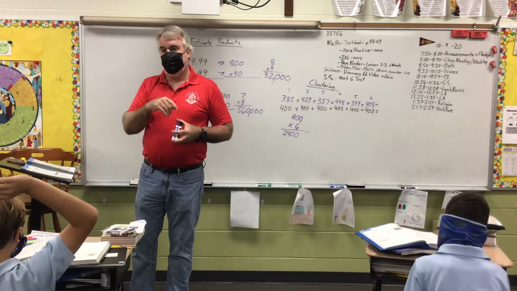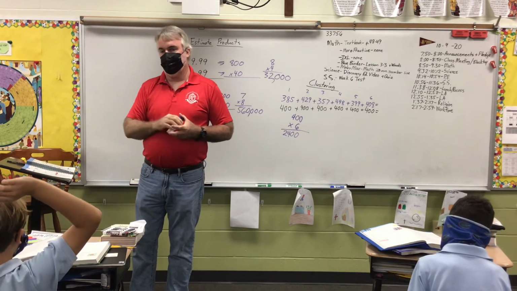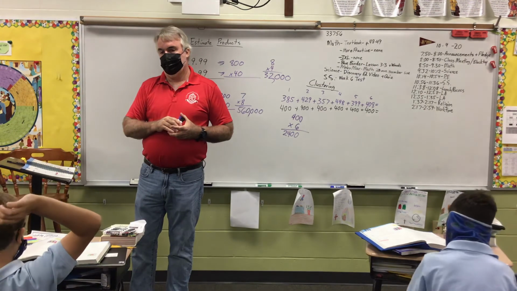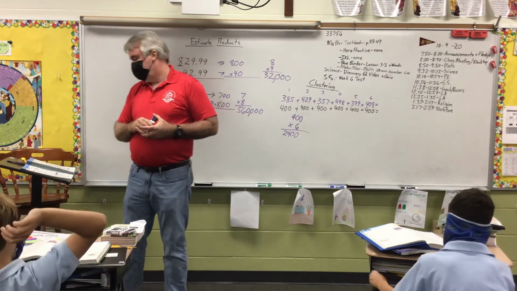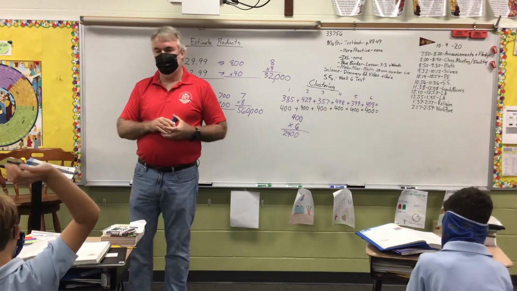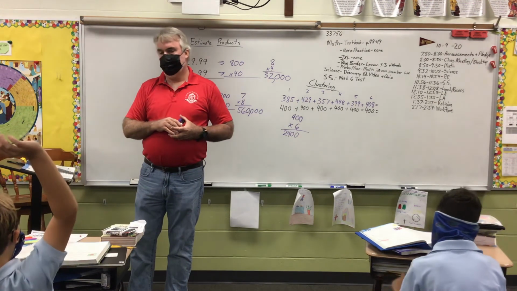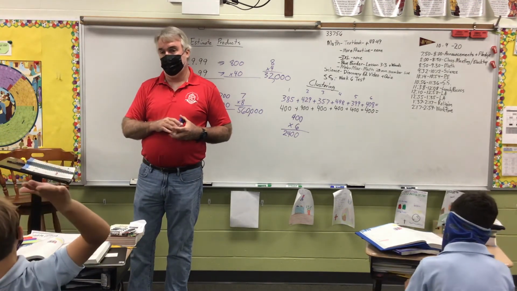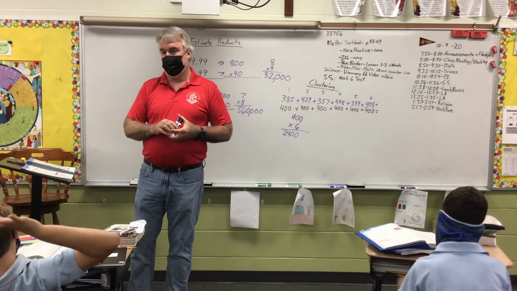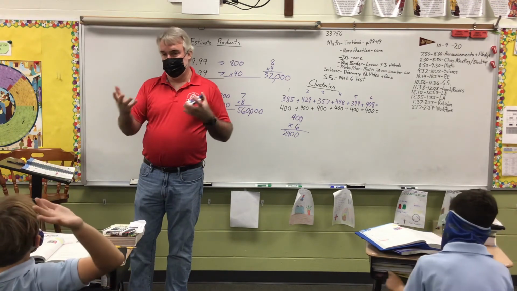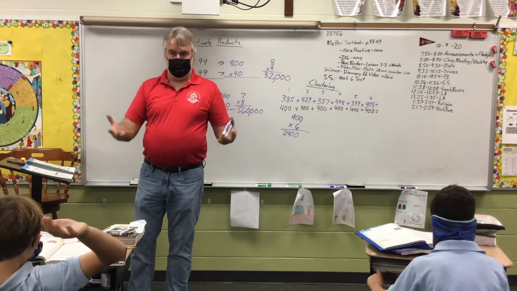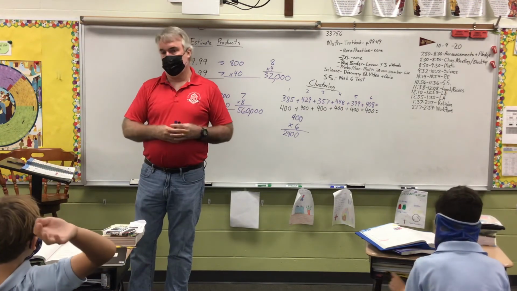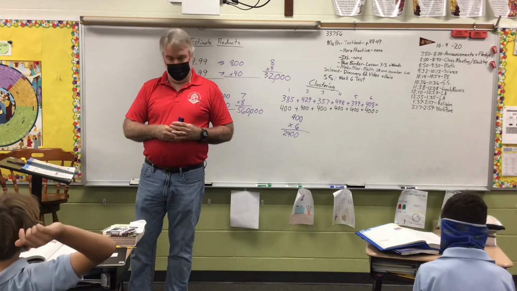How many 30s are there? 9. If there's 9 of them, 9 times, what's the basic math problem? 9 times 3 is 27, and add 1 zero, should be 270. So that's what you want us to write down.